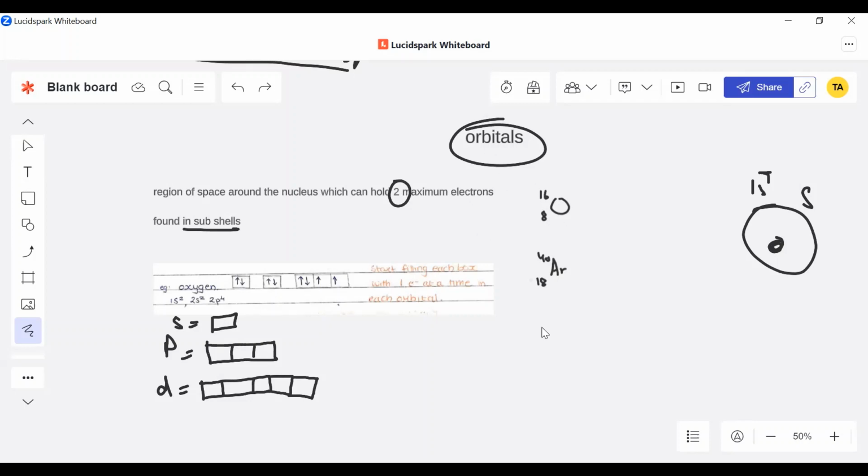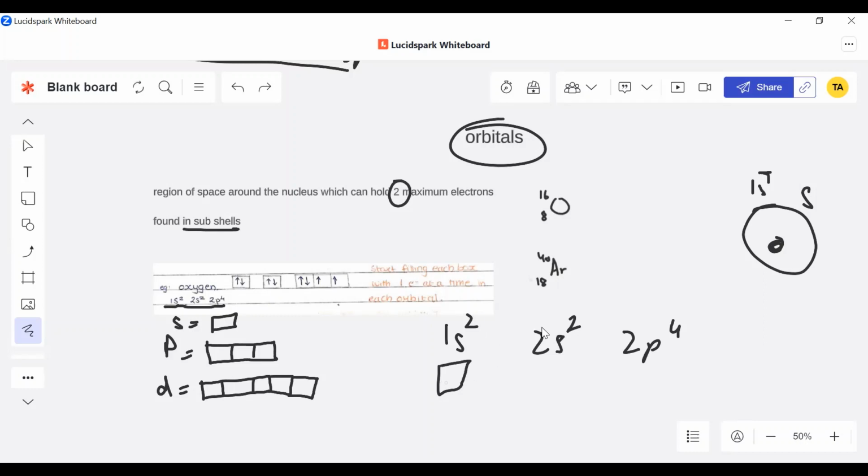Let's say I have oxygen, and the electronic configuration I did earlier as well. It's 1s2, 2s2, and 2p4, right? So I write the electronic configuration 1s2, 2s2, and 2p4. The S subshell has one orbital, and one orbital can hold 2 maximum electrons.